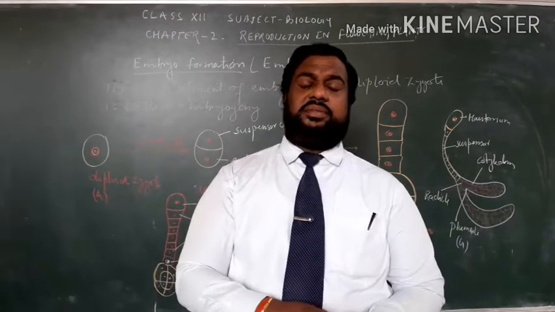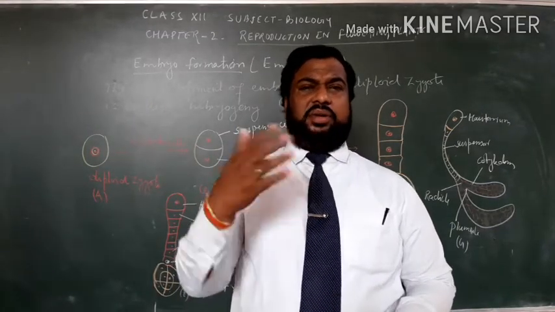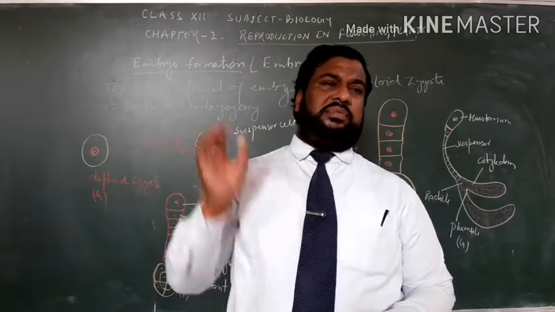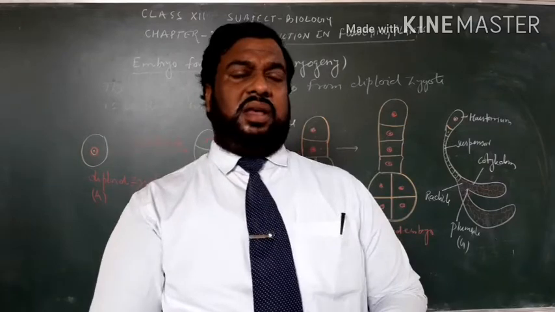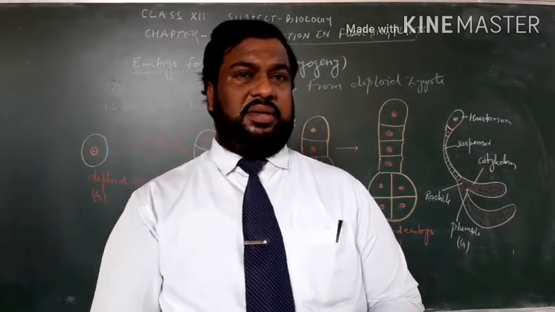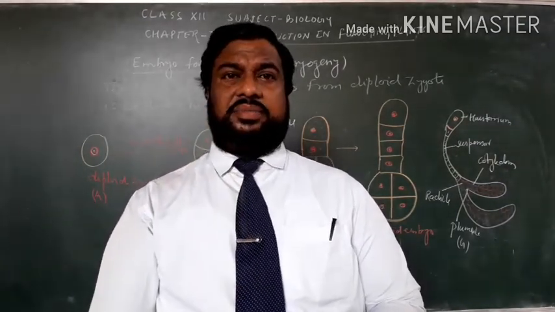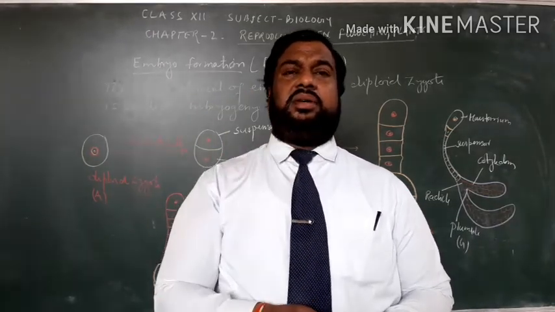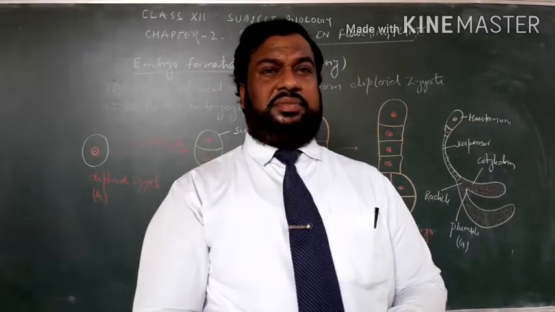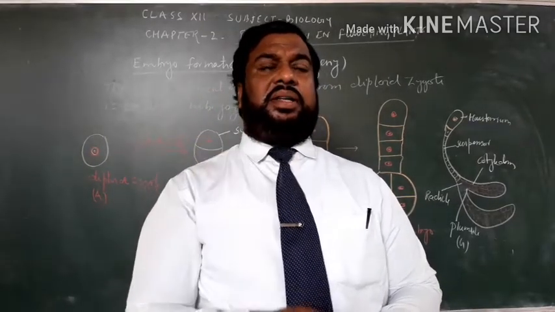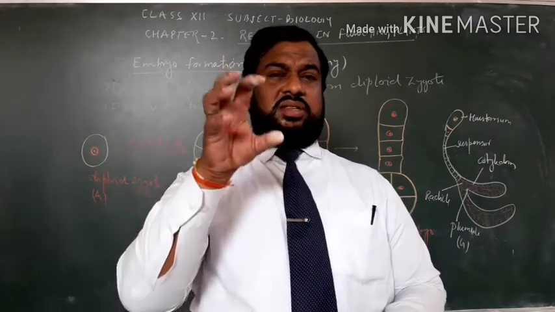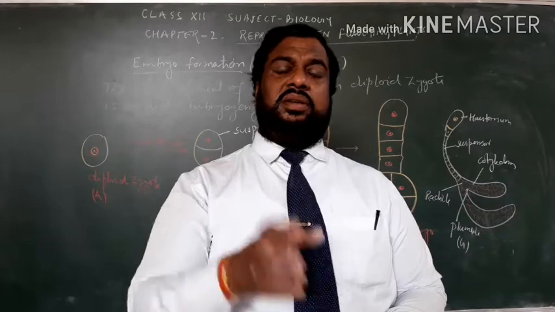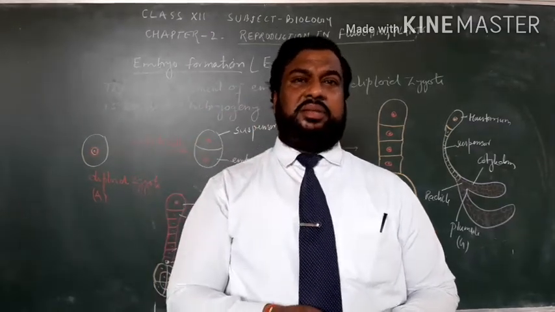So student, about embryology or embryo development, we have taken here a diploid plant having two cotyledons. Dear student, the development of embryo from zygote, having diploid structure, is known as embryo development, embryo formation or embryogeny.